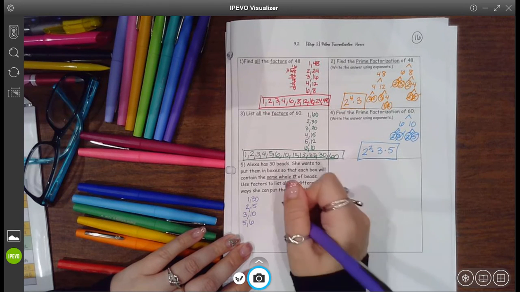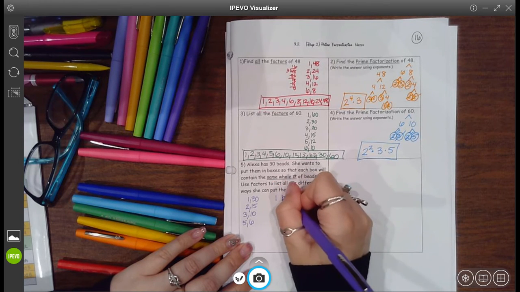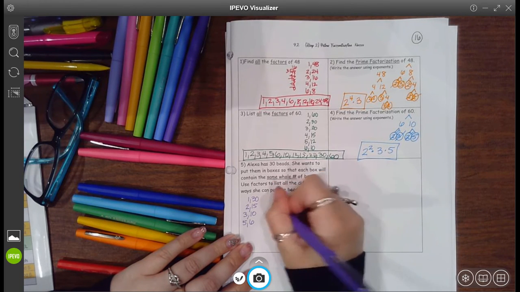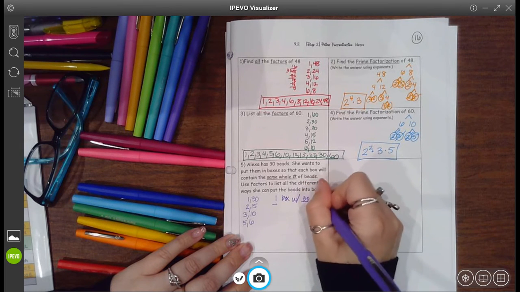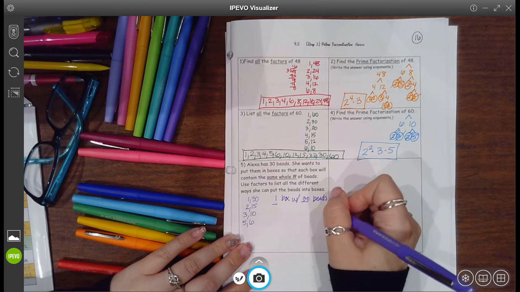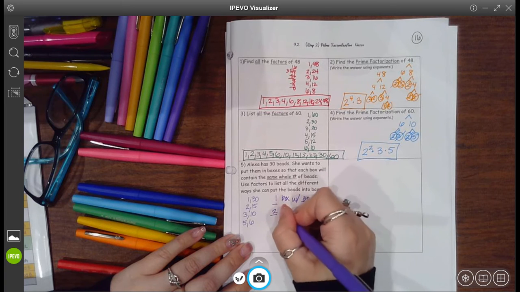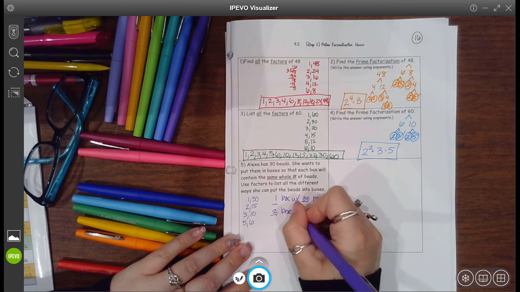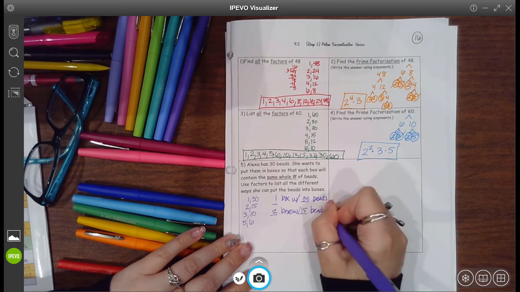So this means I can do 1 box with 30 beads. Okay, so I can have 1 box with all 30 beads, right? I could also do 2 boxes with 15 beads.